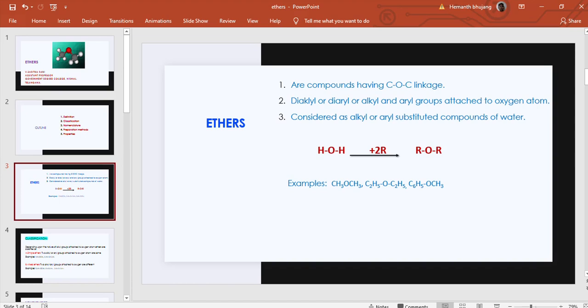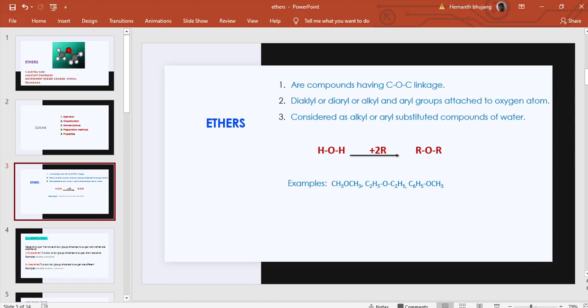Now look at this reaction here. This is a water molecule. If we replace the two hydrogens present in the water molecule with two alkyl groups, we get ROR. Here these two R groups are alkyl groups, so we can call this ether a dialkyl ether.